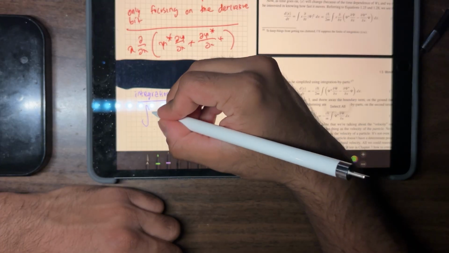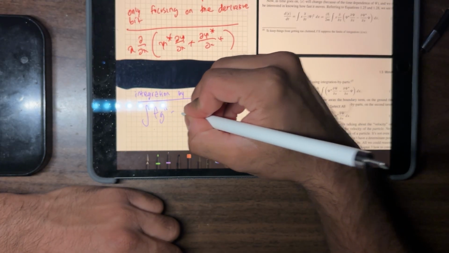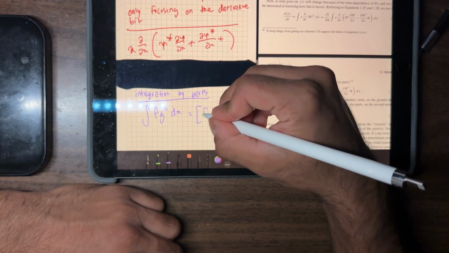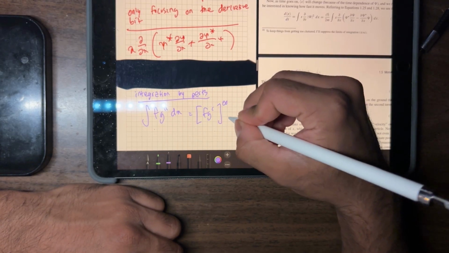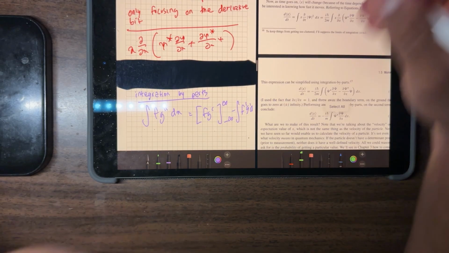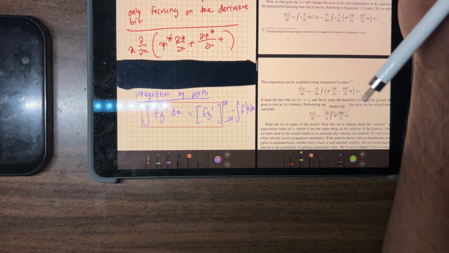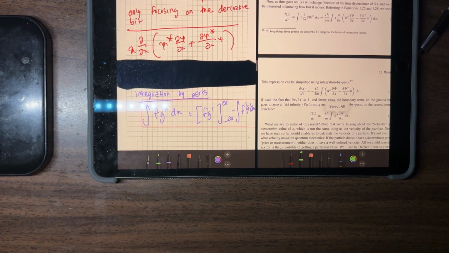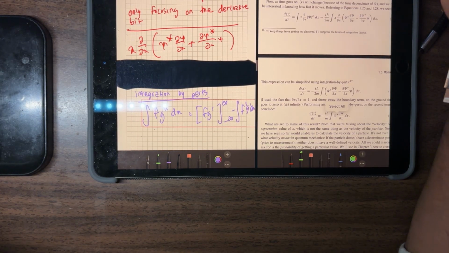So we have the integral of f g double prime dx is equal to fg prime evaluated at infinity minus the integral of f prime g prime dx. So this is the general equation here. Now what?